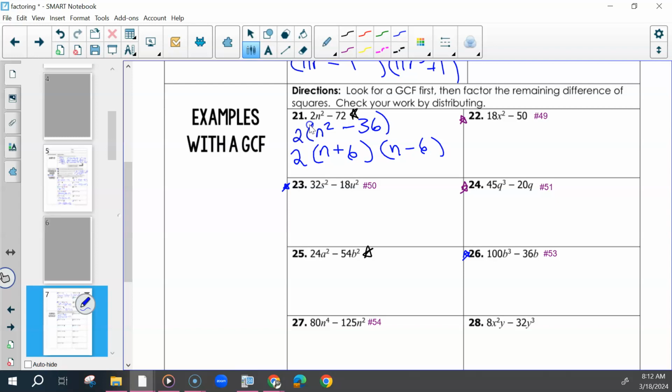Let's go on to 23. What would be our first step? GCF, okay. Does it have one?